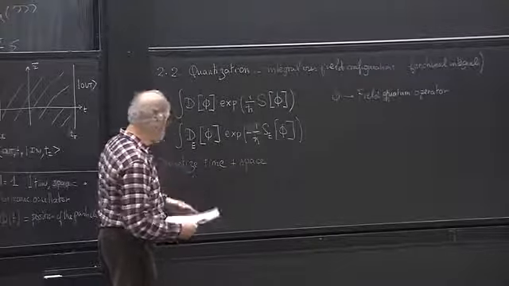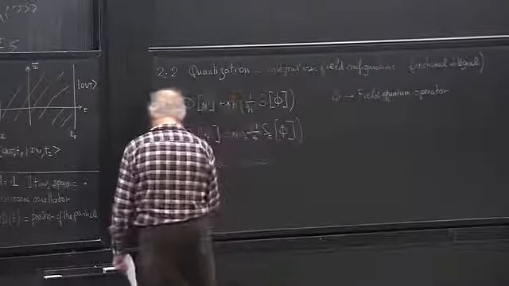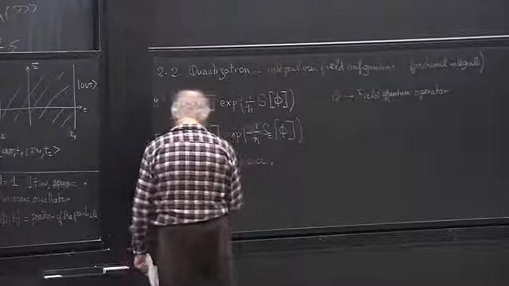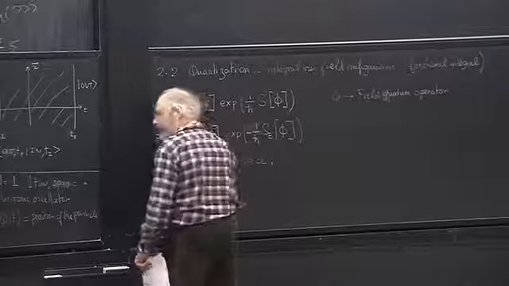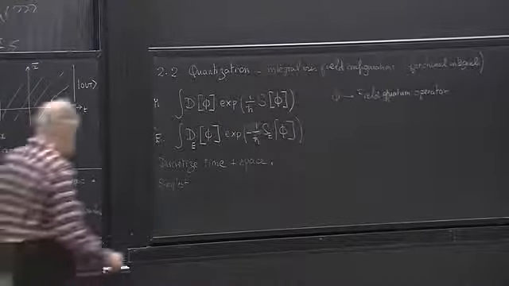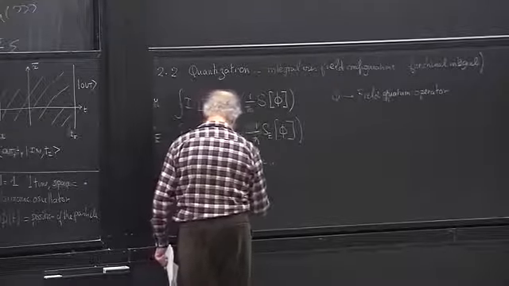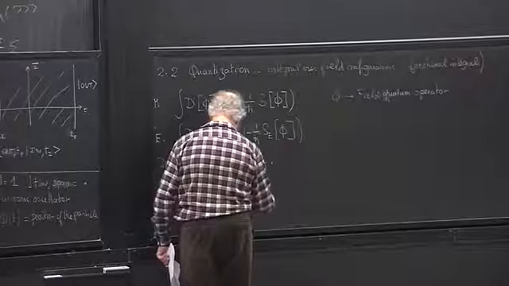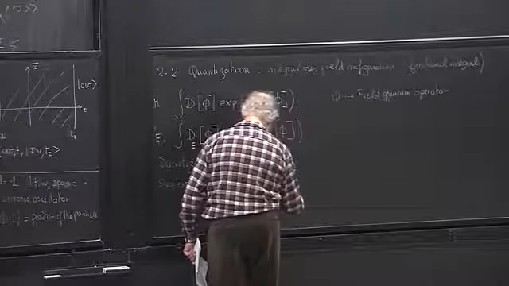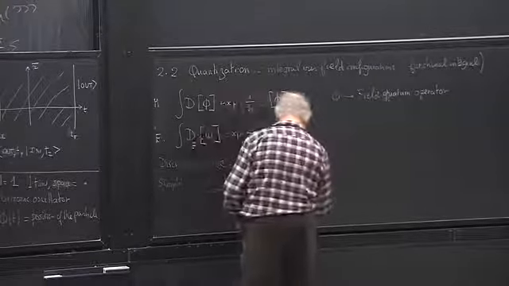So the simplest way is to replace Minkowski or Euclidean spacetime R^d by a lattice Z^d with a mesh, let's call it epsilon.